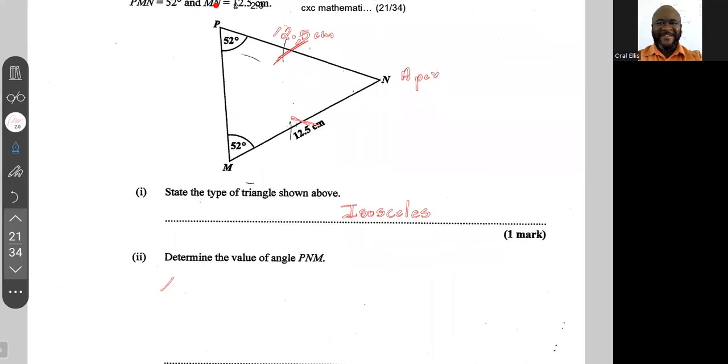So angle PNM would be equal to 180 minus 52 plus 52. So it's 180 minus 104. So this is 76 degrees.